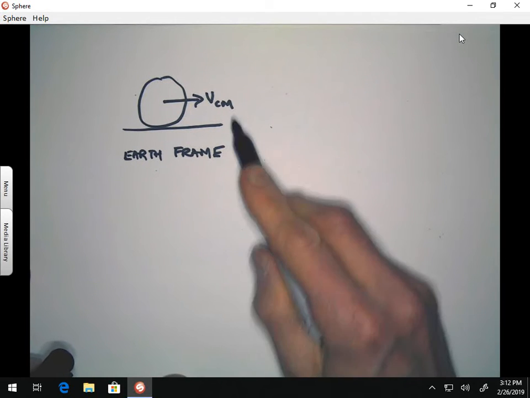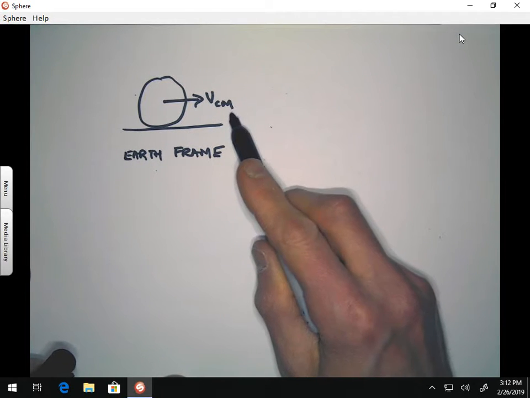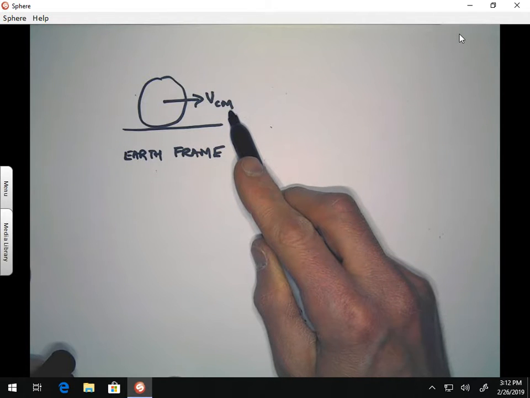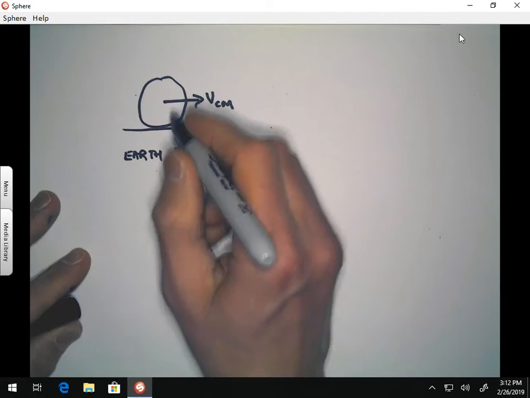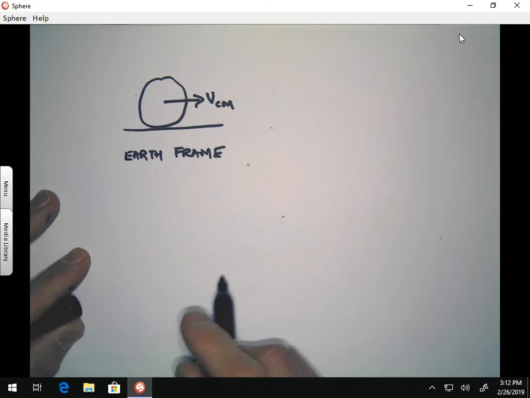And you could probably measure that velocity, the center of mass velocity, using a photo gate, like we did in the activity. So this is pretty easy to get. So the center of mass is moving with the velocity v.